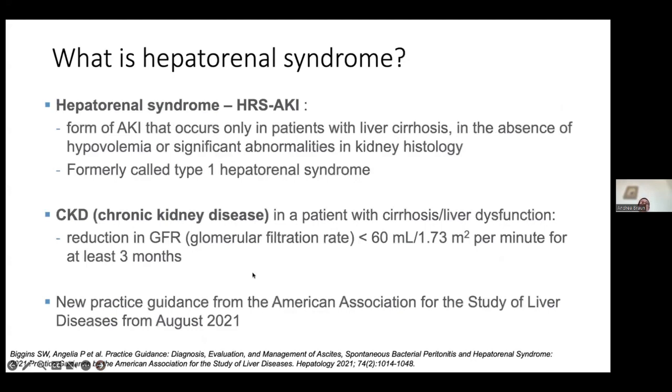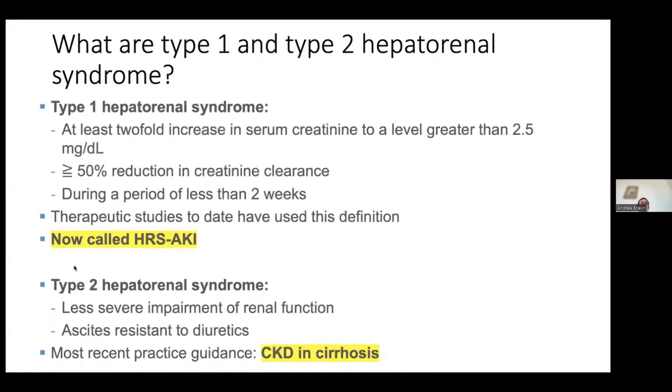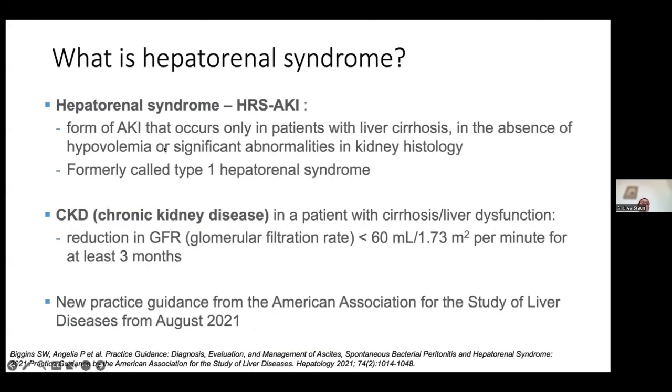So a couple of years ago, the American Association for the Study of Liver Diseases came up with new definitions of HRS. You may remember HRS 1 and 2. That's what I learned when I trained. And HRS1 is basically called HRS-AKI now, and HRS2 is basically called CKD in cirrhotics now. So HRS-AKI is the form of AKI that occurs only in patients with cirrhosis in the absence of hypovolemia.